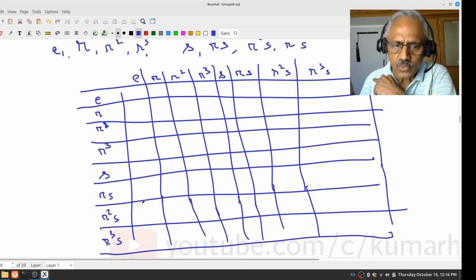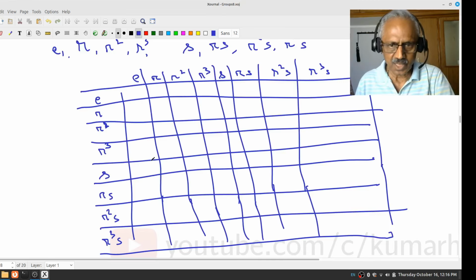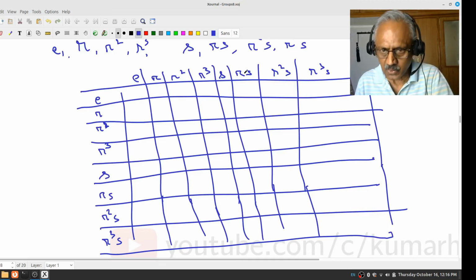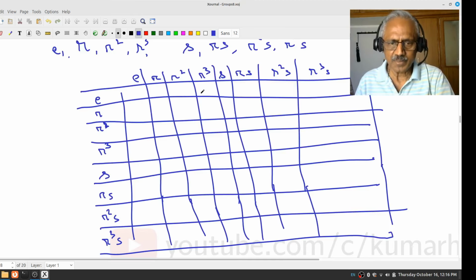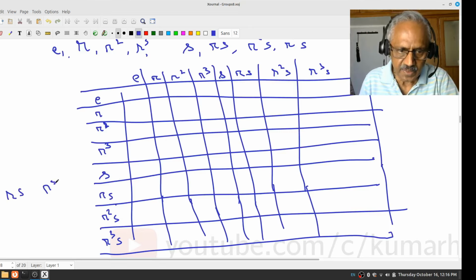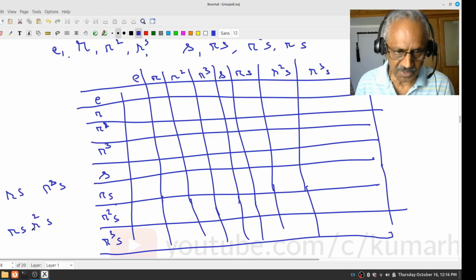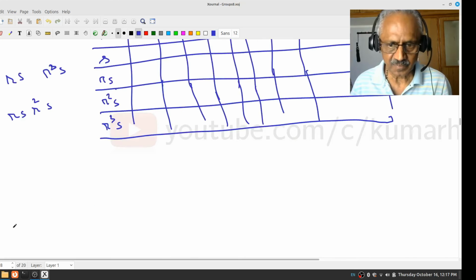Start with some arbitrary element in this column and an arbitrary element in this row and multiply them out. So what way do I do? Suppose I take R squared S. Remember these are all compositions of mappings. Therefore, you should do S first, R squared next, S next, and R next. You understand this? So this is known as the Cayley table.